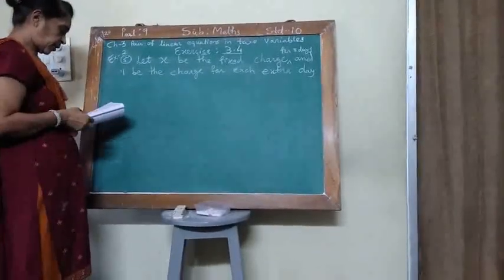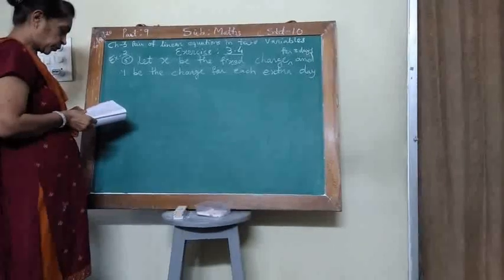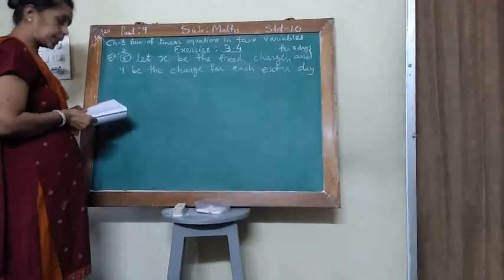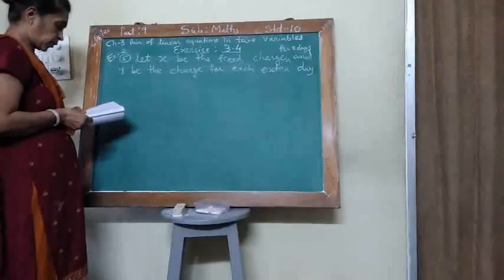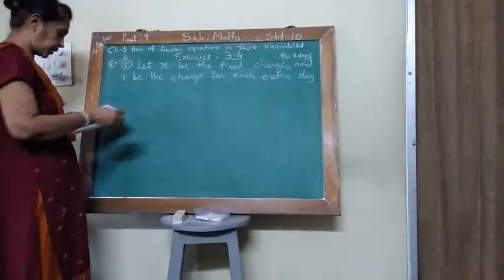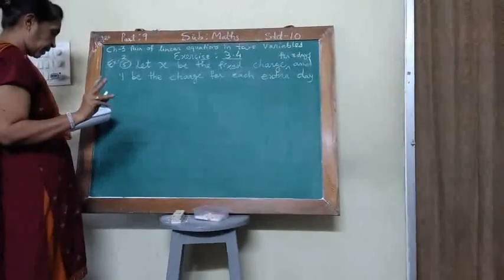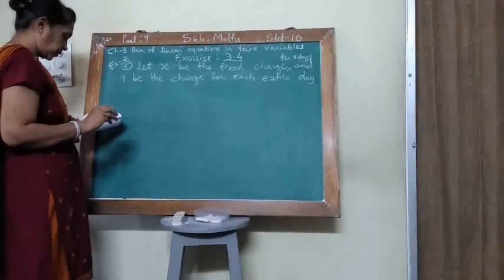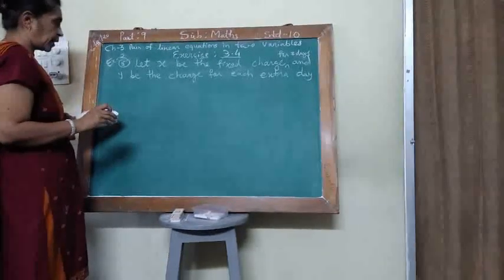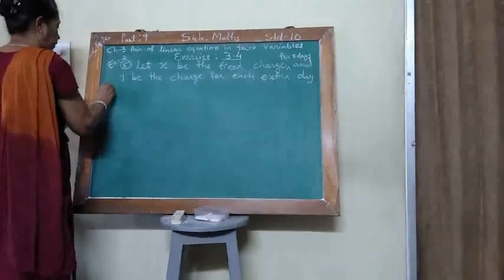Now there are two pieces of information and two persons: Sarita and Susie. The lending library has a fixed charge for the first 3 days and an additional charge for each day thereafter. Sarita paid how many rupees?